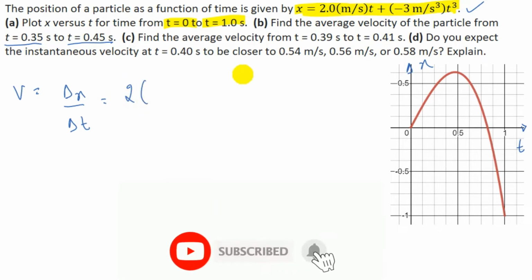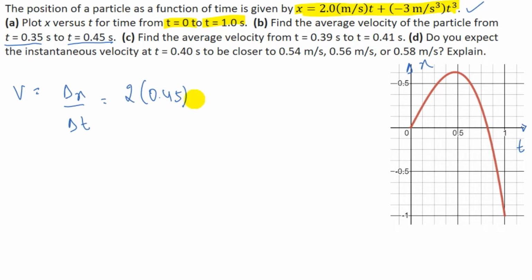So 2 multiplied with, now this is 0.45. First we have to put the final position. We have to calculate the final position. So this is 0.45. Then this plus and this minus would become minus. So minus 3 multiplied with t cube. So this would be 0.45 and its cube. So this would be the final position xf, and the unit would be in meters. Now then minus initial position. So for that we have to put t as 0.35 here.